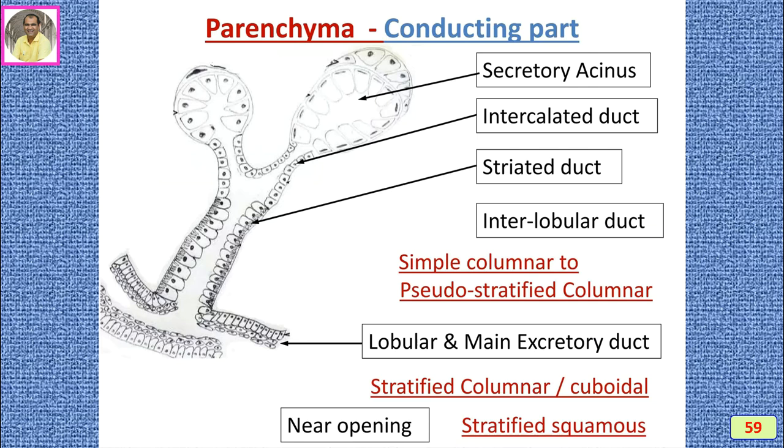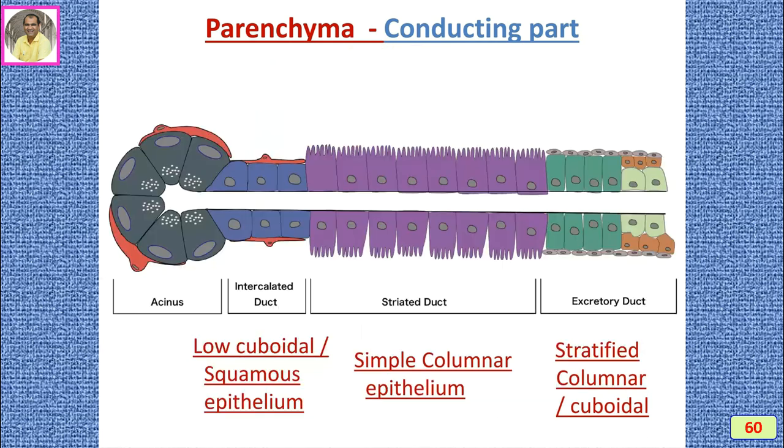Then the parenchymatic cells are, for example, the striated ducts, and stratified columnar or cuboidal cells are the example. So here you can see the acini, then the intercalated duct, striated duct, and the excretory duct.